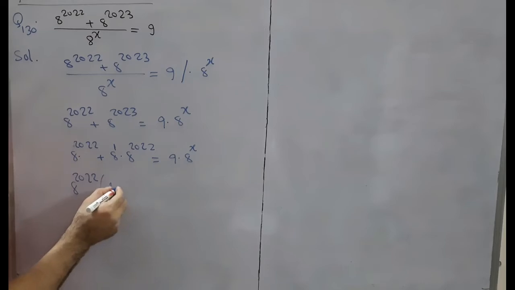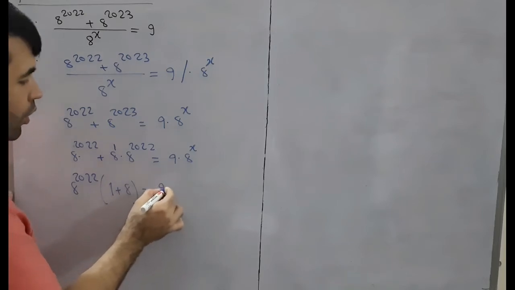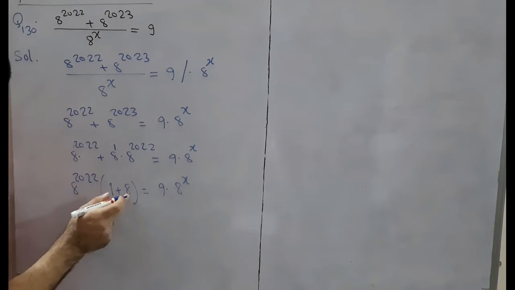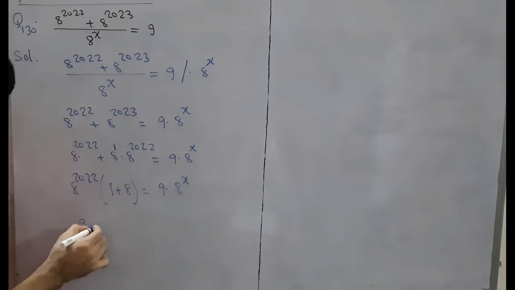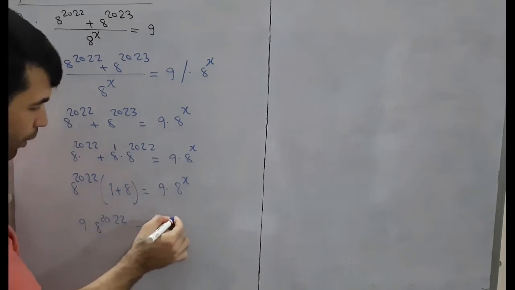Here we get 1 and also here we get 8. It is equal to 9 into 8 to the power x. Here 1 plus 8 is equal to 9. 9 multiplied by 8 to the power 2022 is equal to 9 multiplied by 8 to the power x.